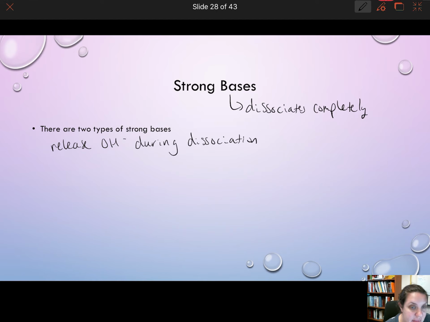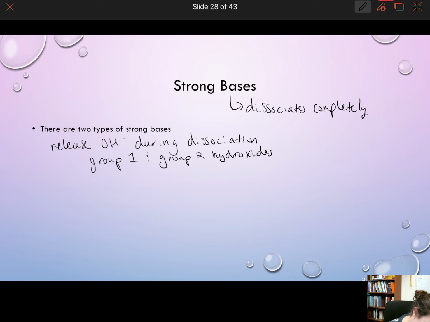So these are going to be our group 1 and group 2 hydroxides, like sodium hydroxide, calcium hydroxide, barium hydroxide, those types of things.